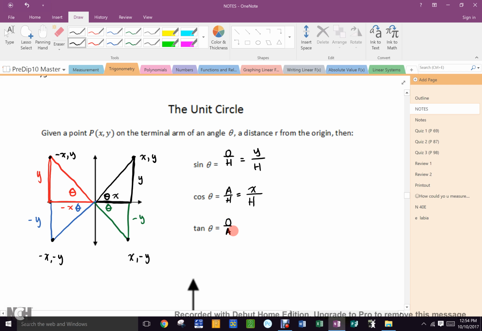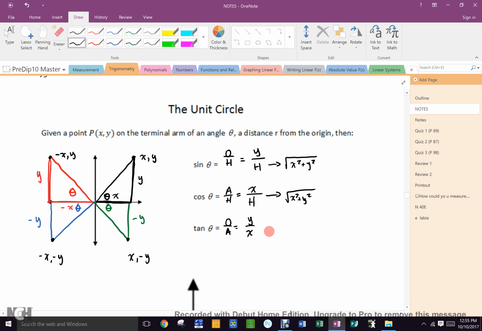O over A, which is what? Y over X. Everyone cool? Okay. Now, H is what? The square root of what? X squared plus y squared, yes? What is H here? Square root of x squared plus y squared, yes? And we don't need an H there. Is everybody cool with that?